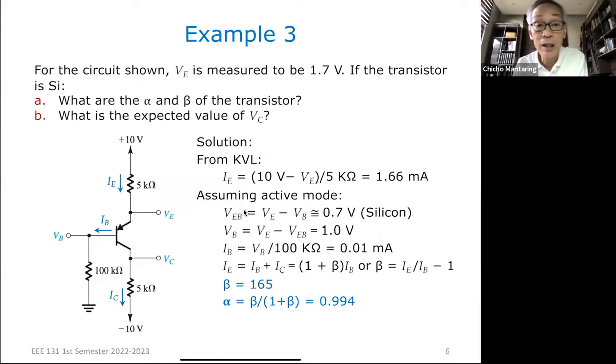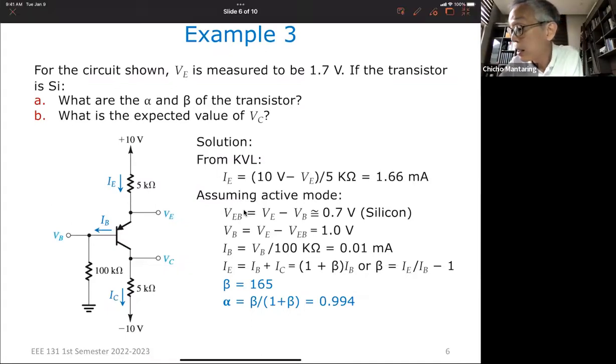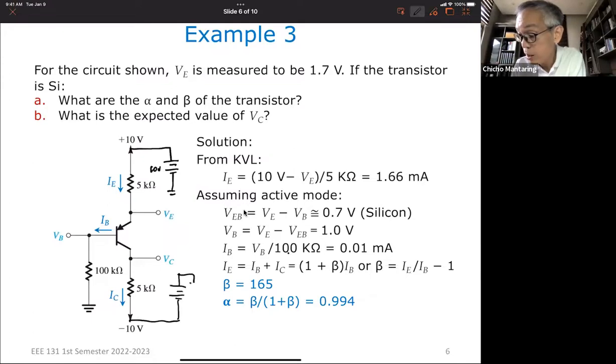If you take a look at what this looks like in an actual circuit, you actually have a voltage here, which is 10 volts, referenced to ground. And here, you also have a voltage which is 10 volts. But this time, the positive terminal is the one referenced to ground.